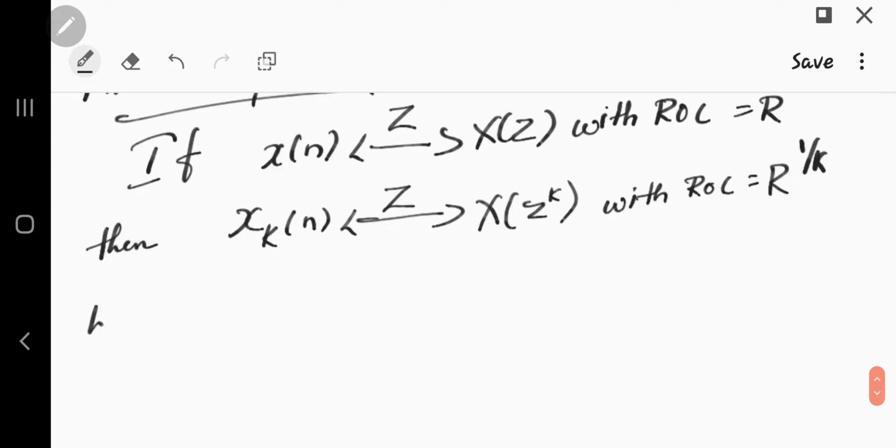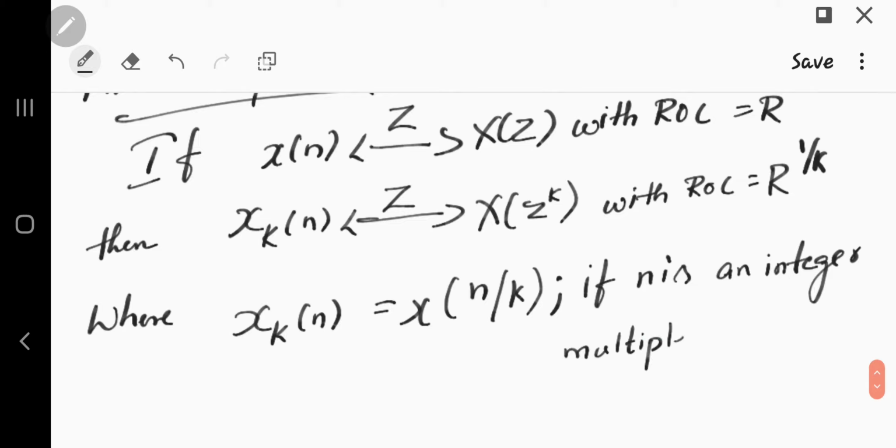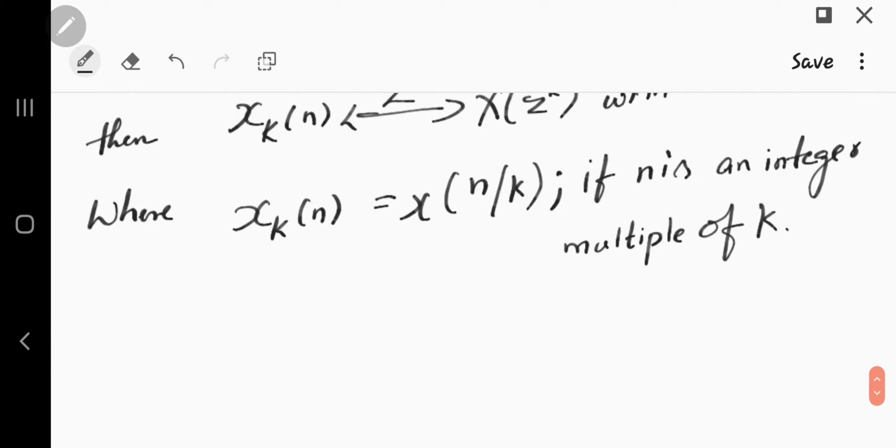Now what is this x_k of n? Where x_k of n is equal to x of n by k if n is an integer multiple of k, and it is 0 otherwise.